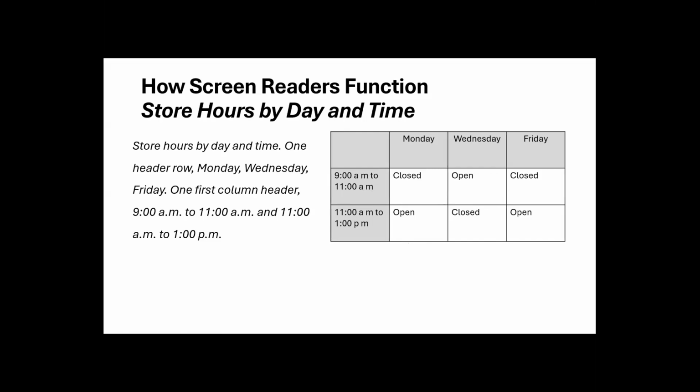The person will be able to go through and maneuver through that table. If it's accessible, they will not have any issues. Okay, so I know that was a lot of information all at one time. I can go ahead and answer any questions that you might have.